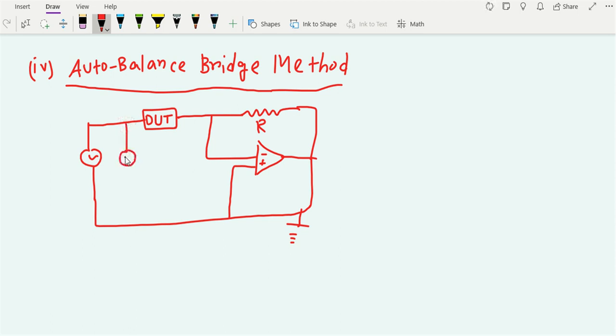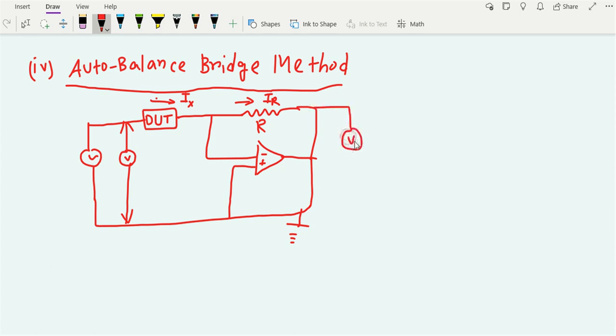You can measure this voltage, that is V, and let's say the current passing through this is Ix, and in this R, let's say the current flowing is IR.